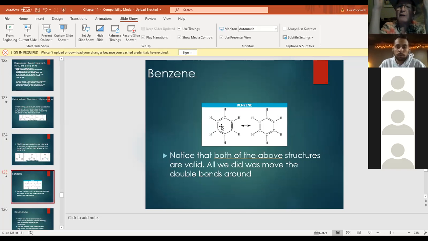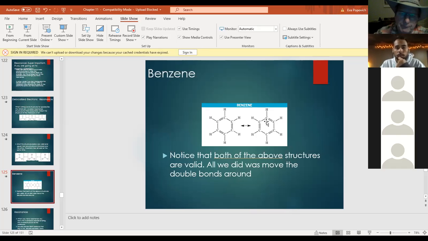They all have a p orbital sticking above and below the plane, which means that if we have electrons between two of them, that can get shifted to over here, so the double bond can be over here as well, which means that the electrons are going to be delocalized throughout the entire molecule.